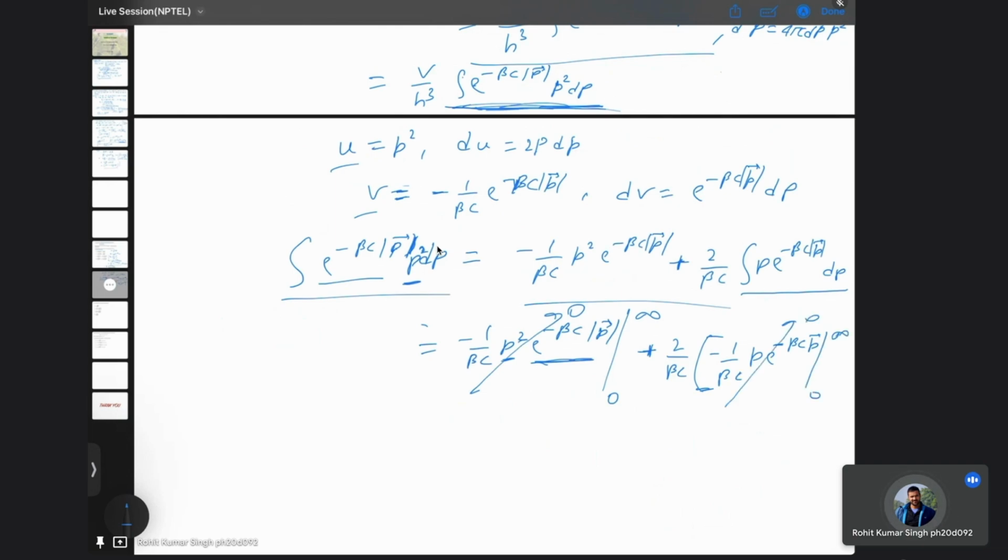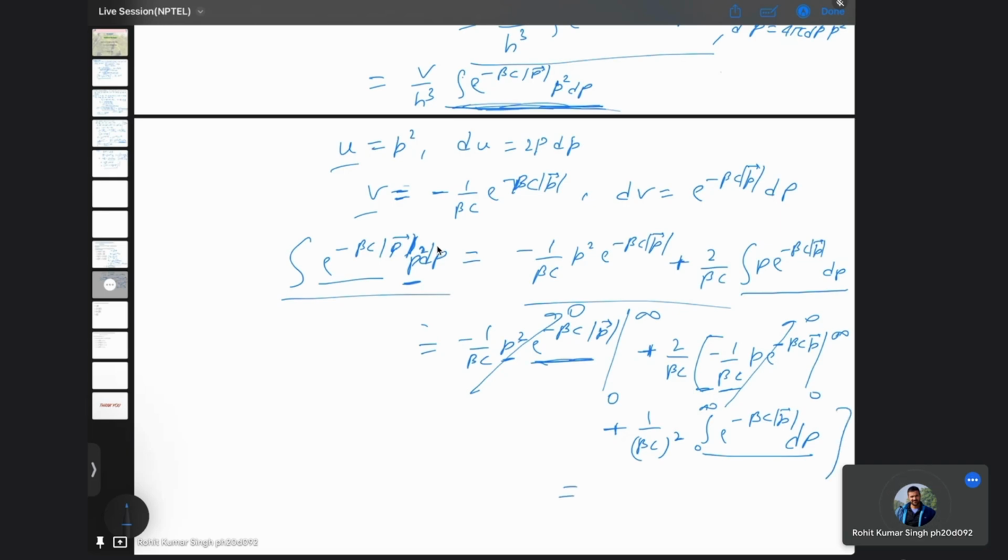And then you have plus 1 by beta c square, because you already have 1 beta c here, and you are taking another integration, and then you will have e to the power minus beta c p dp, and this is now very easy to integrate from 0 to infinity.